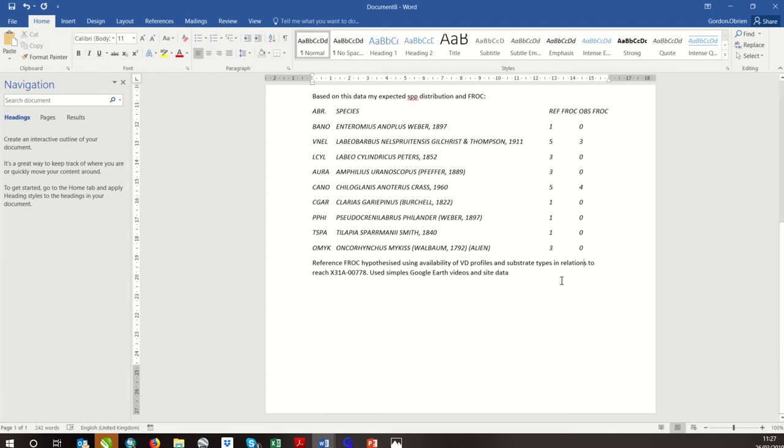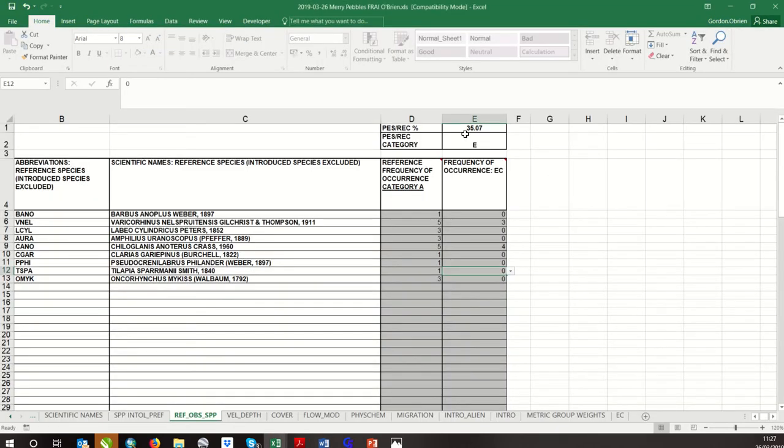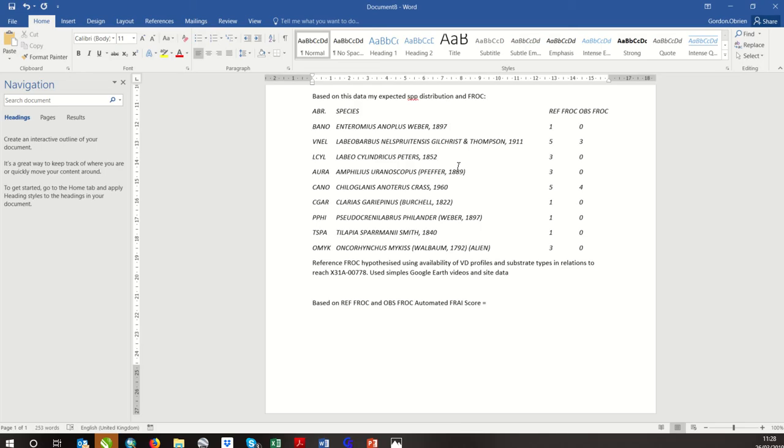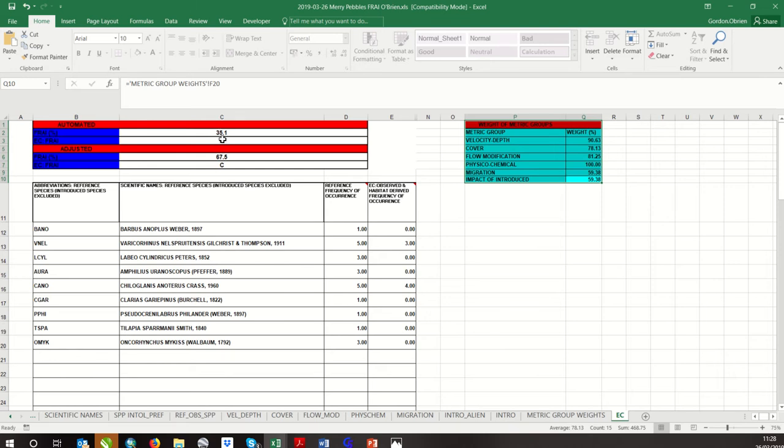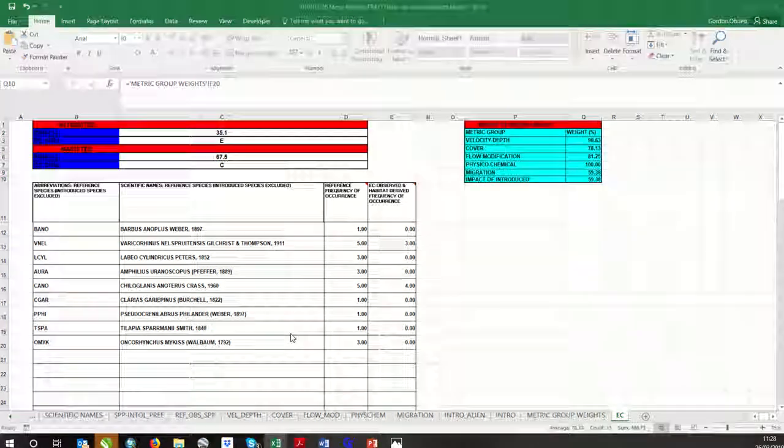Okay, so based on reference Frai and observed Frai, the automated Frai score is equal to, and you get it already, 35.07, which is a category class E. Here it's automated 35.1 and it's a class E.